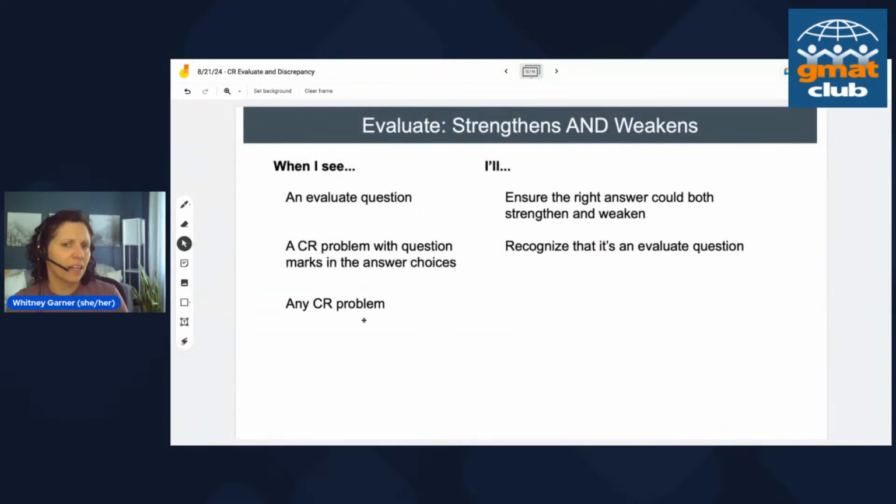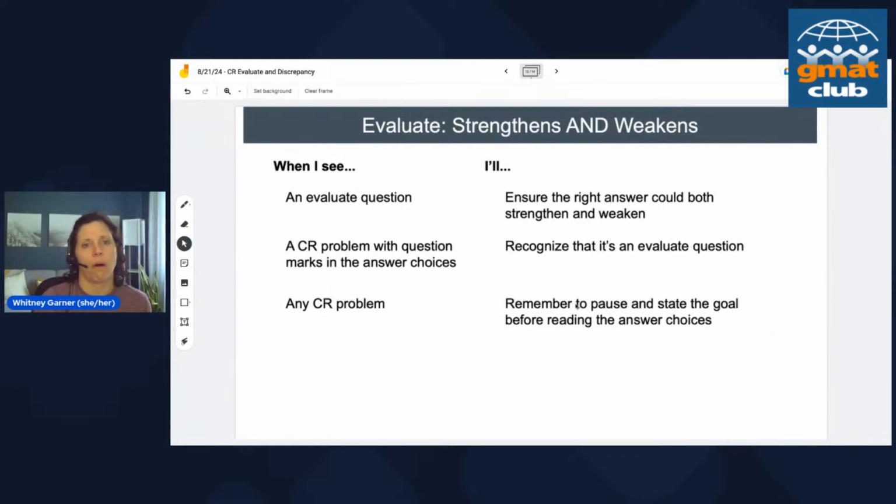And then just as a refresher for all critical reasoning problems in general, I want to make sure that I'm taking a moment to pause and state the goal before I move into my answer choices. Particularly for evaluate, I need to remind myself, what is evaluate? Evaluate is a combo of strengthen and weaken.